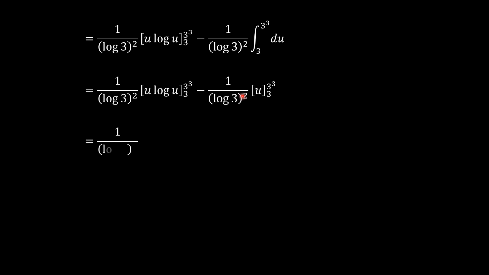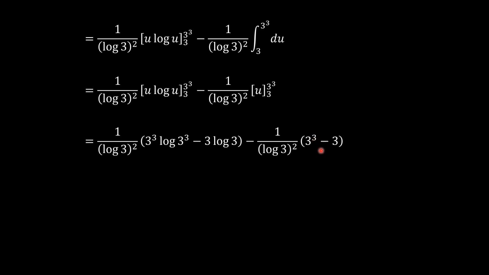And when we substitute the lower and upper limits, we have 3 to the power 3 log 3 to the power 3 minus 3 log 3, and that's for the first result, minus 1 over log 3 squared of, for the second result here, since we only have u, it becomes 3 to the power 3 minus 3.